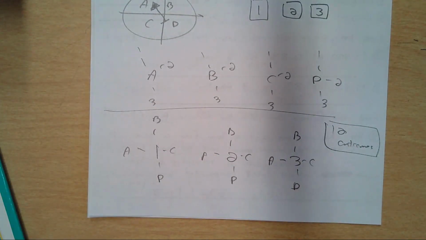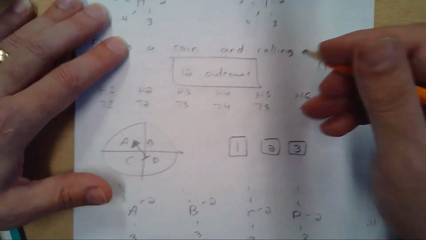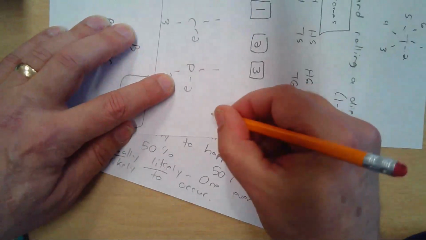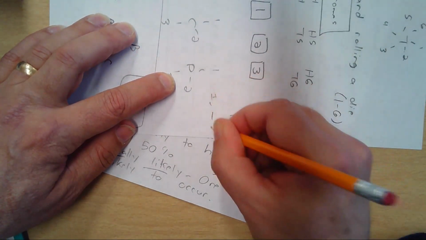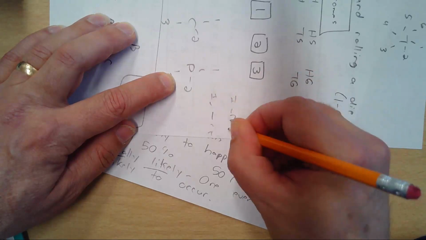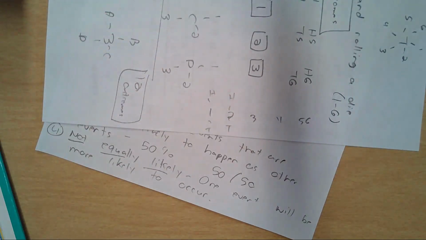Now, the order you do these two events doesn't really matter. Just like if I say flip a coin, roll a die, what you do first and second, it doesn't matter, right? I could go back to this here and rewrite it as 1, 2, 3, 4, 5, 6, heads, tails, heads, and so on and so forth. I could keep going, heads and tails, but I'd still have 12 total outcomes, right?